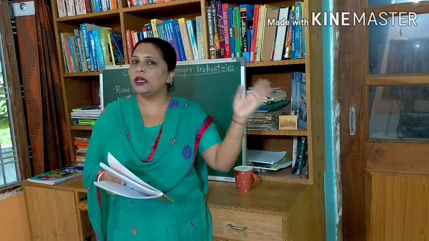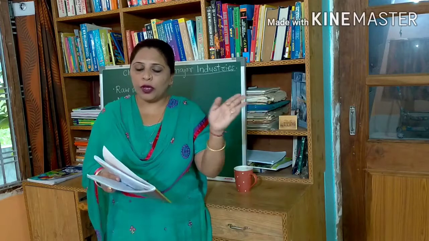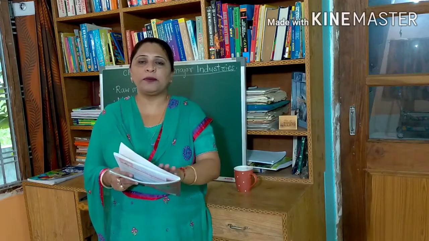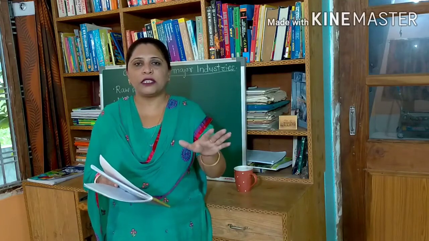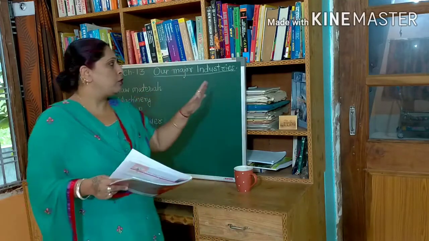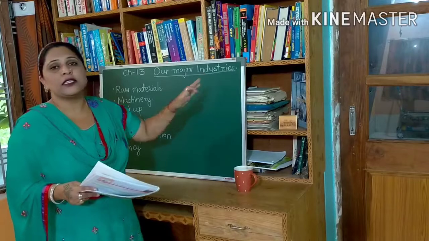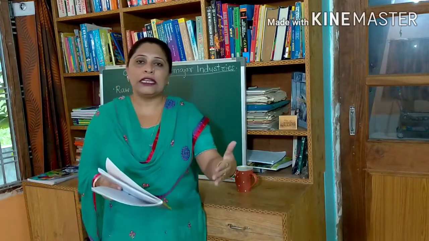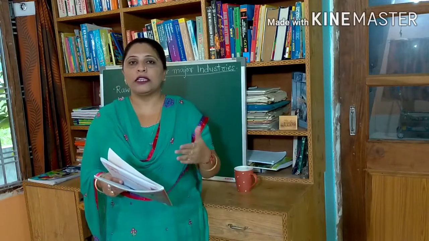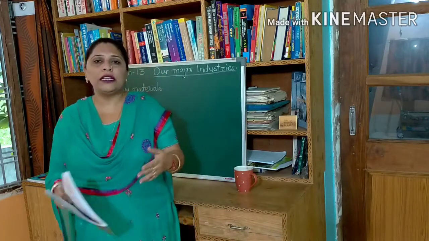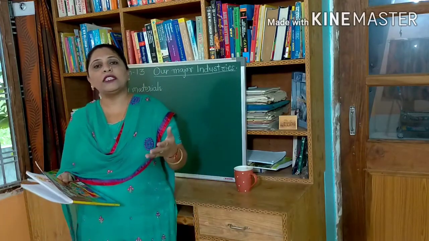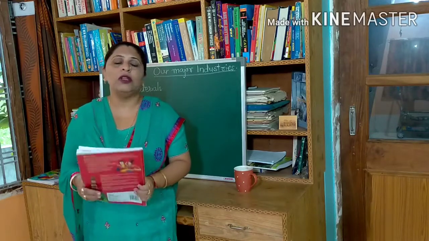From the early ancient ages, walking step by step through the chapters of your social studies textbook, today we have stepped to the chapter of major industries, or we are coming towards industrialization. So let us begin. What is an industry and what is the need of an industry? We will study about that.